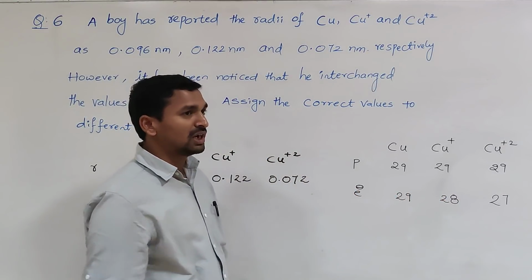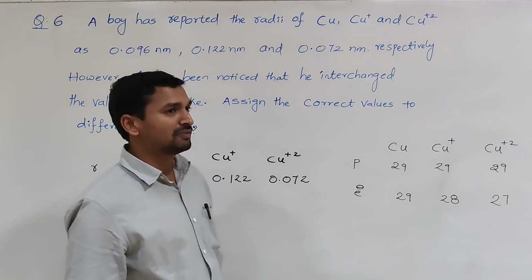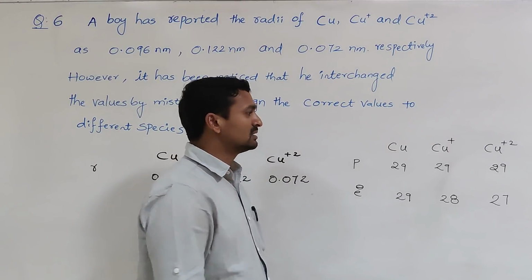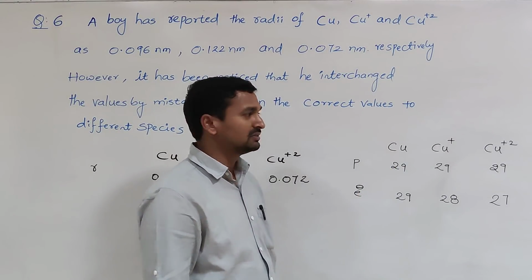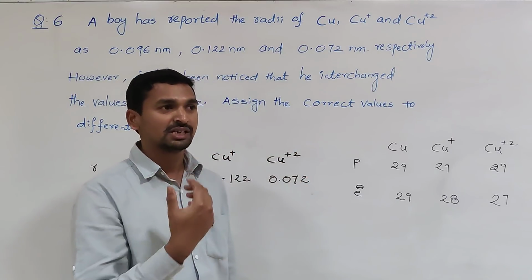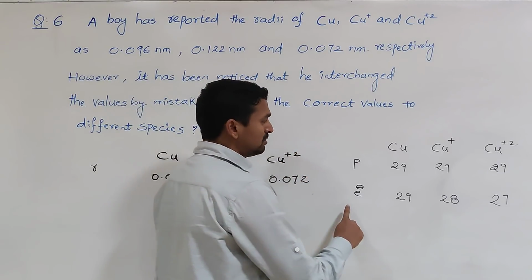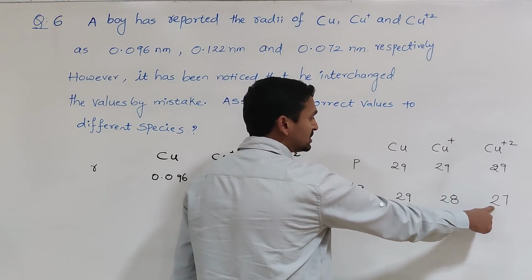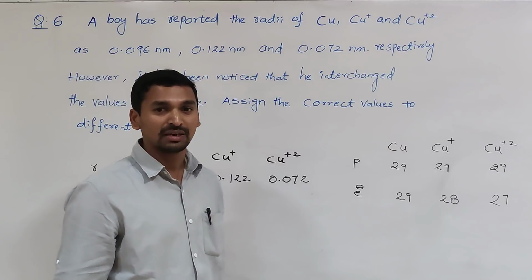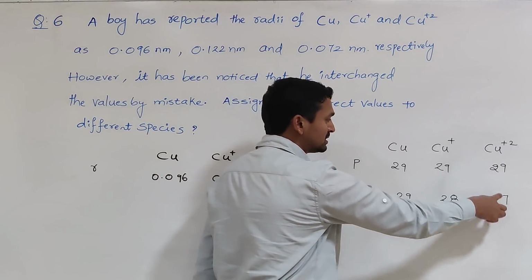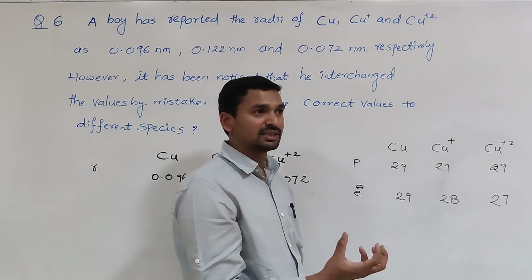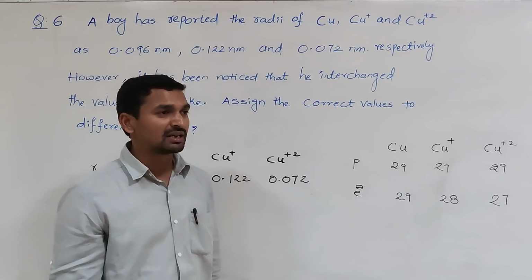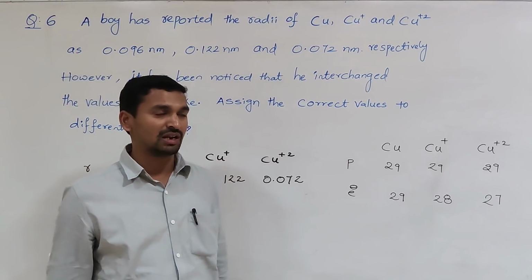Whenever the positive charge remains the same and the number of electrons increases or decreases, based on the effective nuclear charge we can say which is larger and which is smaller in size. Now, as the number of electrons decreases, the effective nuclear charge for each electron increases. When it increases, the distance between the center of the nucleus and the outermost shell decreases.